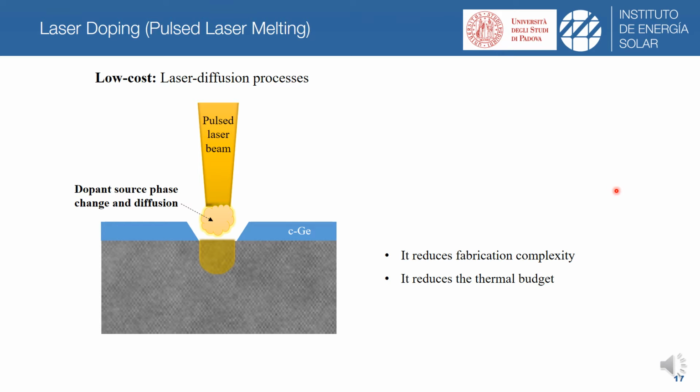And of course, if we are able to reduce the energy consumption of the fabrication process, we also reduce the fabrication processing cost. Although it is not exactly related to low cost, it is also an important feature of the laser doping process that it helps to increase the level of doping above the solid solubility of a certain impurity, and this is because of the very fast epitaxial recrystallization, which efficiently traps the impurities during recrystallization.